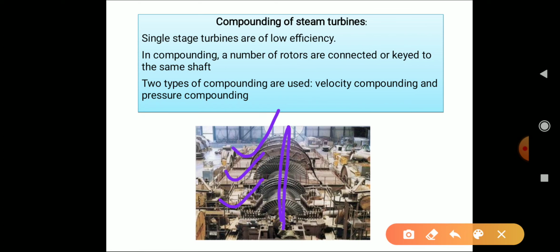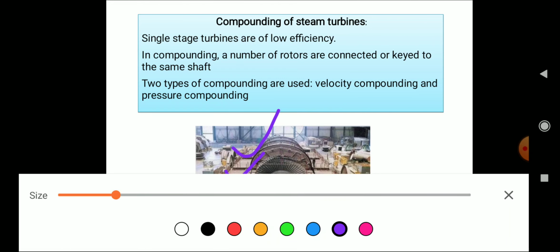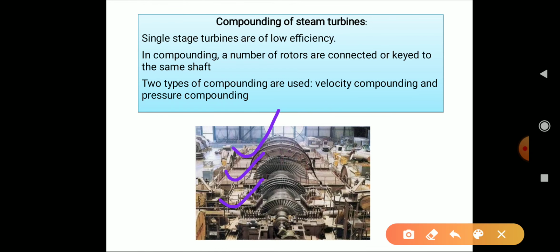This is the shaft axis, and this is one turbine, one stage, this one is another stage and this one is another stage. This is making up the compounding of steam turbines.